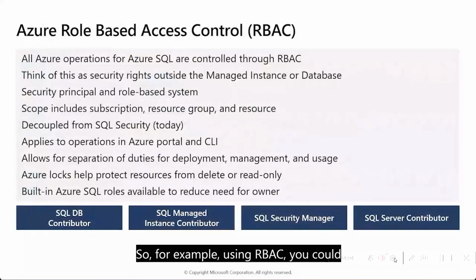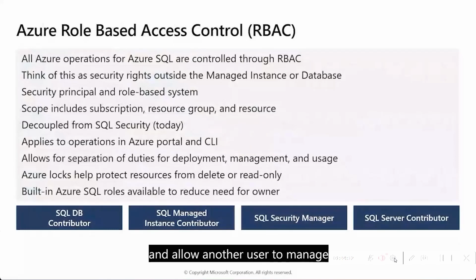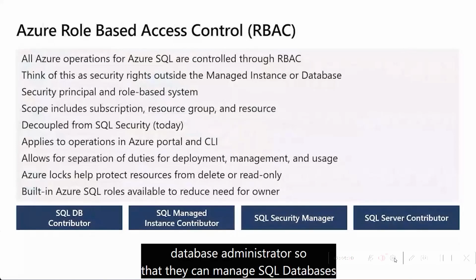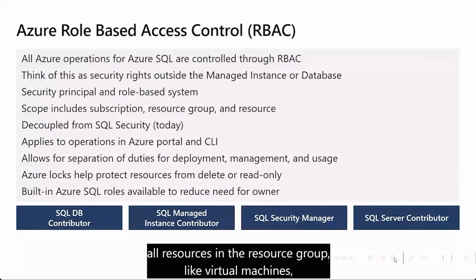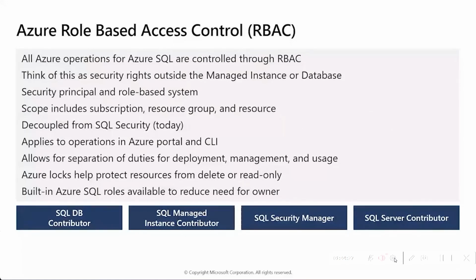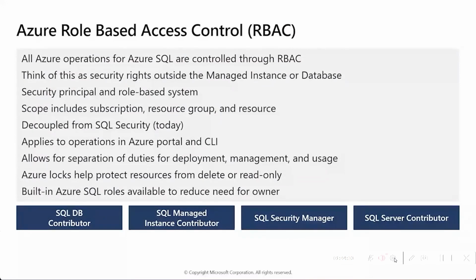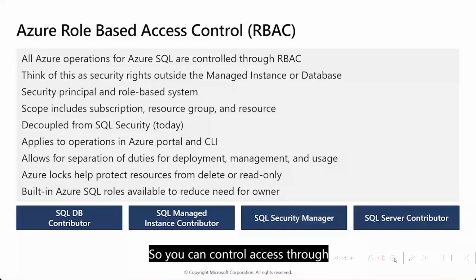So for example, using RBAC, you could allow a user to manage virtual machines in a subscription and allow another user to manage virtual networks, or you could allow a user to be the database administrator so that they can manage SQL databases in a subscription and allow another user to manage all resources in the resource group, like virtual machines, websites, and subnets. And you could also use it to allow an application to access all the resources in the resource group.